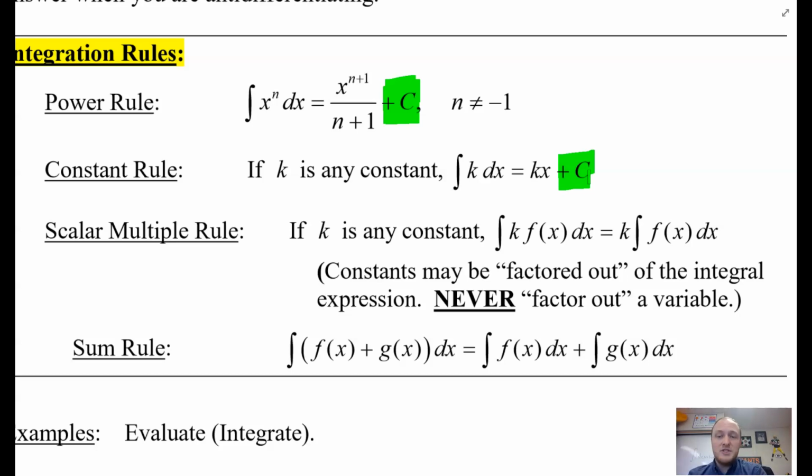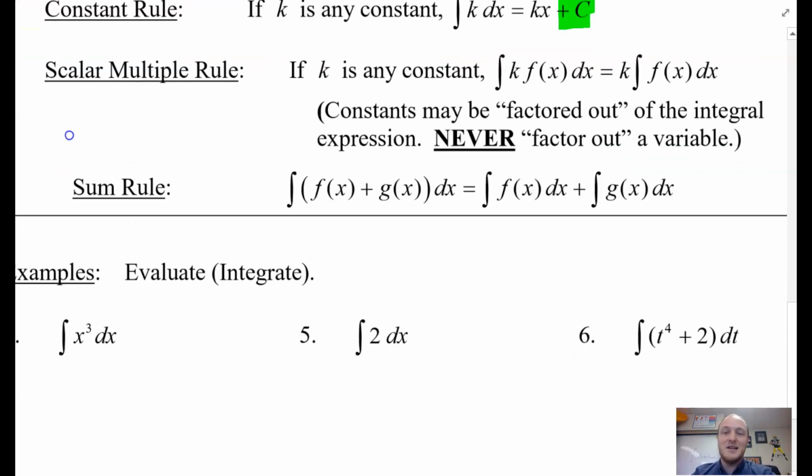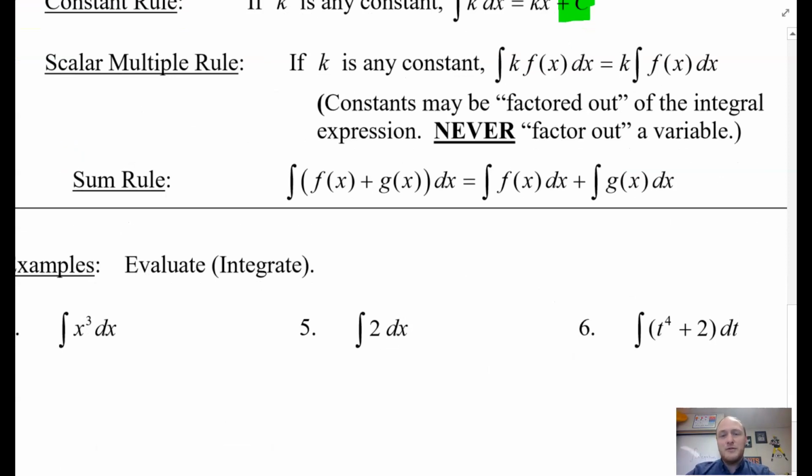Note here, you can never, ever factor out a variable. Don't do it. And then lastly, the sum rule, which we will use a lot. What this is saying is that if you're going to integrate a sum, so two items that are being added or subtracted, you can split those apart and integrate them in their own pieces.